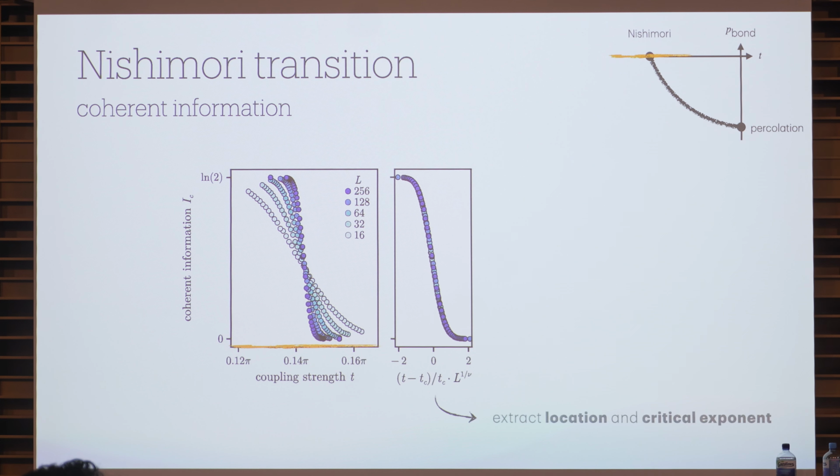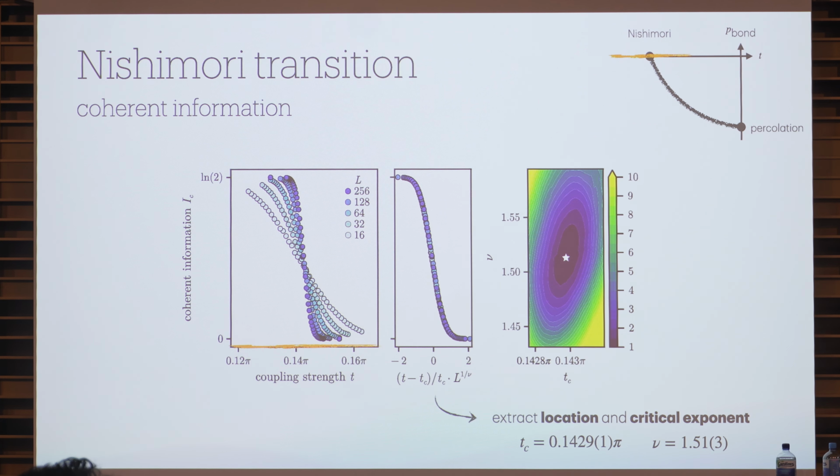We again extract the location and the critical exponent. And now, of course, we get some different location, but also we get a different critical exponent, which will be interesting later when we look along this critical line. Again, we can do this residual landscape plot.